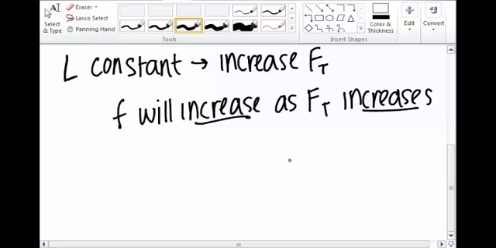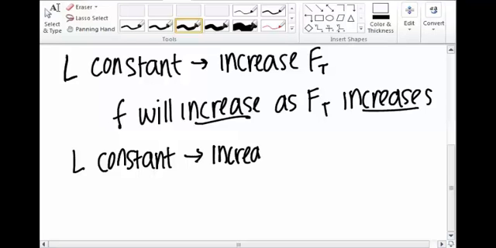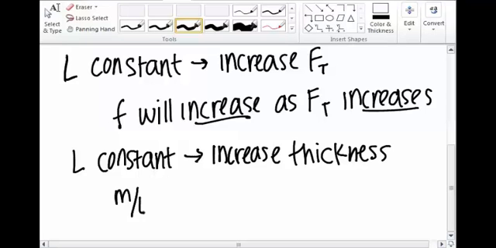Alright, so second thought experiment. I'm going to leave L constant again, but this time I want to increase the string thickness, or the mass per unit length. So if I increase this mass per unit length, what would that do to my frequency?